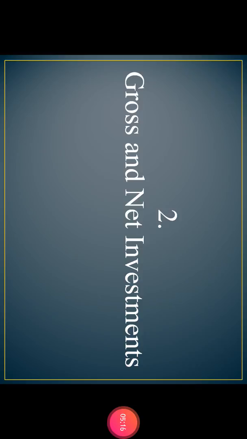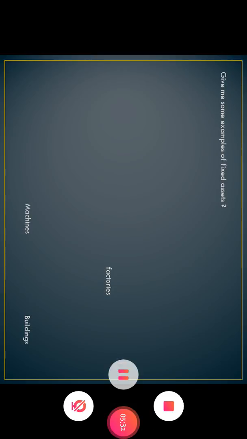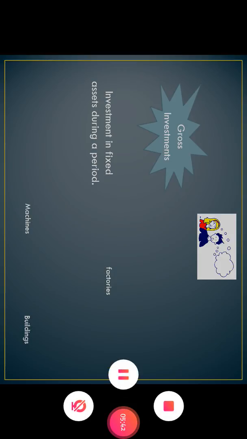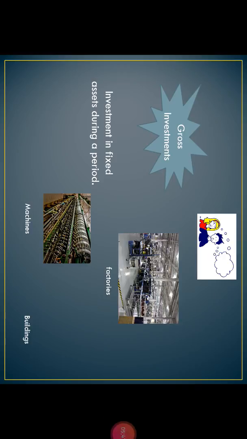Now the next type of investment is the gross and the net investment. Can you give me some examples of fixed assets? Yes, we know. We have furniture, fixtures, plant, machinery, buildings. So the gross investment refers to the aggregate investment in fixed assets during a particular period of time, like the examples of factories, machines, and buildings.